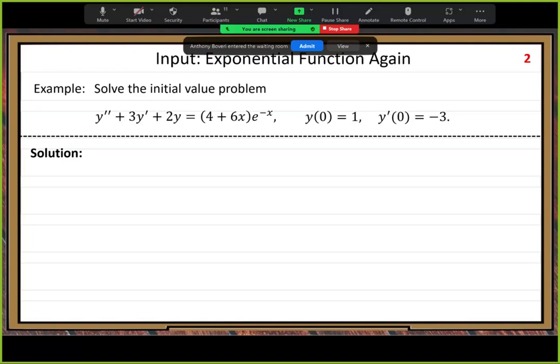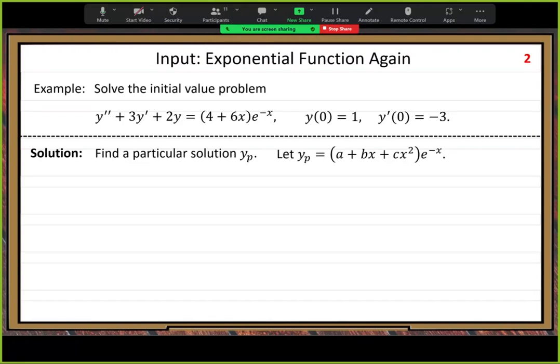First, to find a particular solution, look at how I make the structure assumption this time. Last time, we only used the last term, Cx squared, right? To be safer, we should use the whole quadratic formula, all three terms.